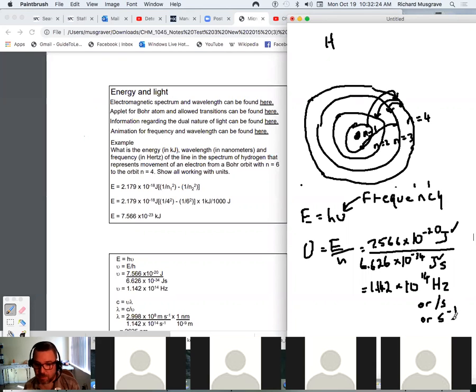All of those are the same thing. Cycles per second is the other way of looking at it too. So it's the number of waves that go past a certain point in a second. But I'd like you to try this in your calculator, please. Make sure you're getting the same answer as me.